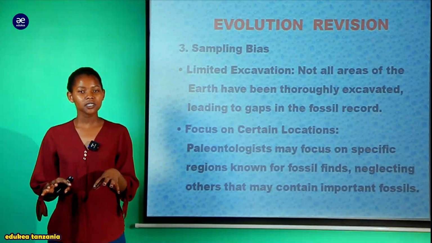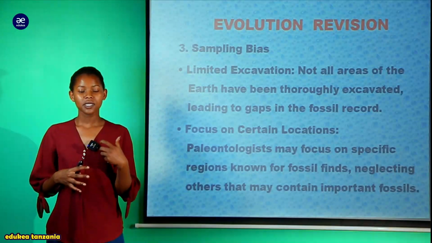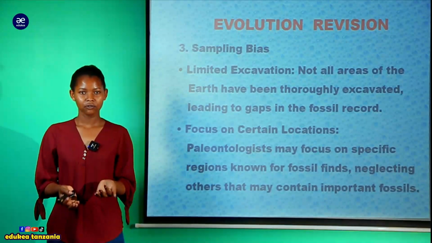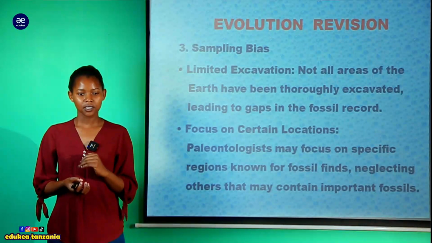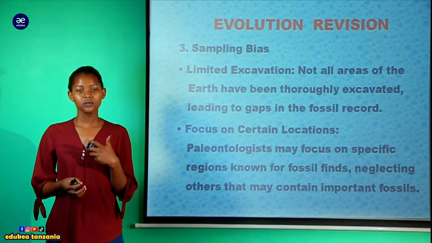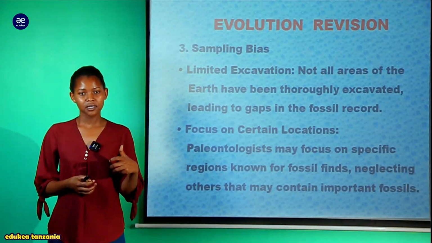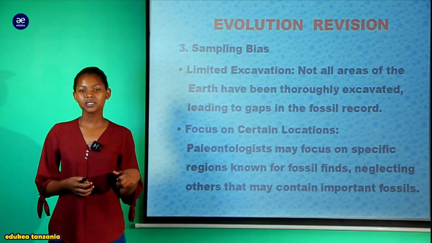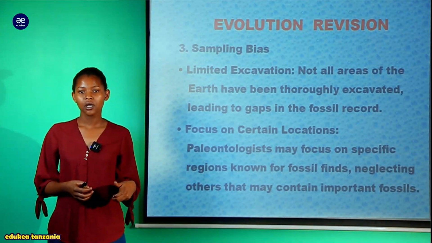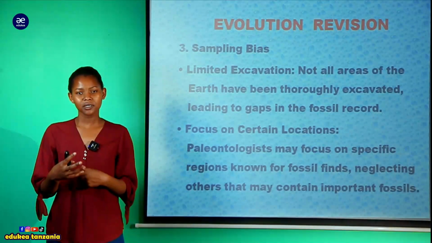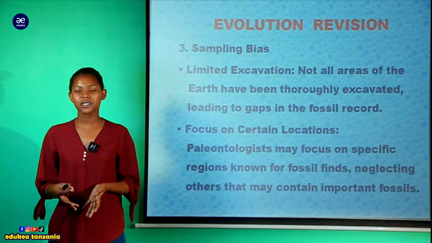Ni some areas we mean that the scientists will sample some areas from which watachukua fossils. And when they do sampling, it means kwamba they will leave some areas ambako kuna important fossils information. So when you come to these records, it means that they will remain incomplete time after time.